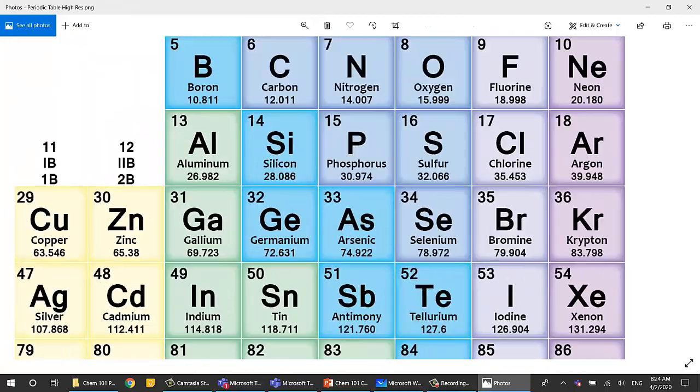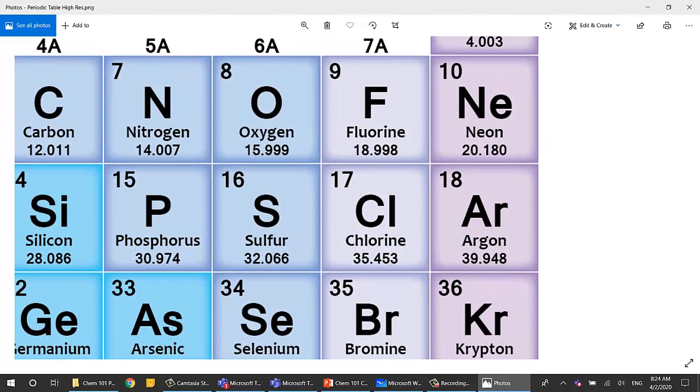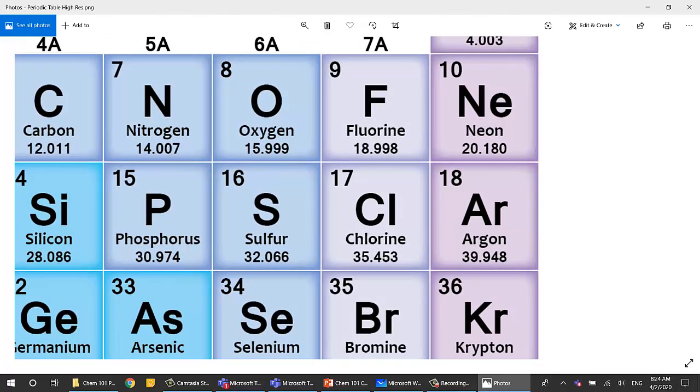So argon here, if you look at the periodic table, it has 18 and 39.948. 18 is the atomic number, and 39.948 is the mass number. Of course, when we need to consider electronic configuration, we look at the atomic number, which is 18. So argon has 18 electrons on it.